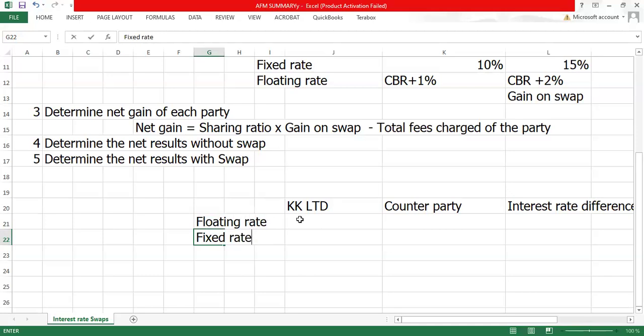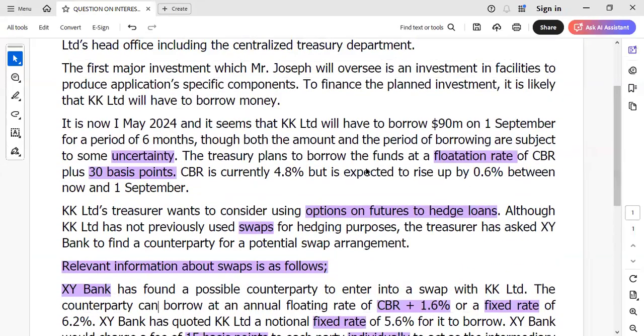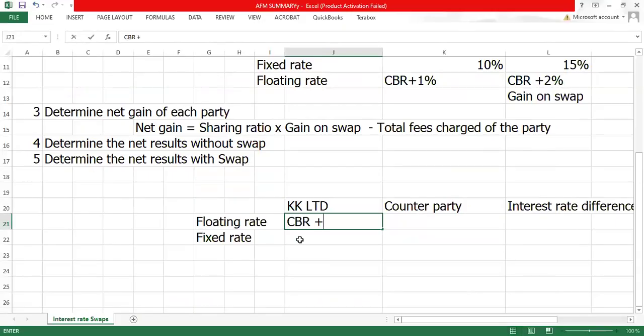What is the floating rate when it comes to the company hedging? The floating rate is CBR plus 30 basis points, which is 0.3%.